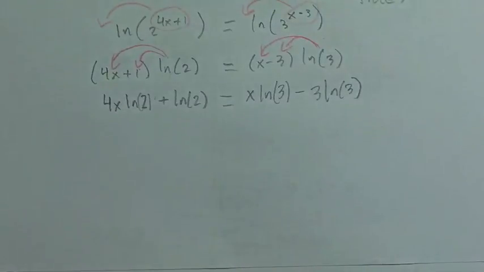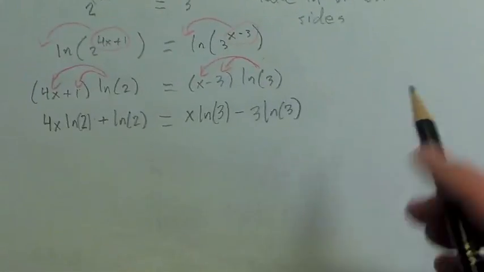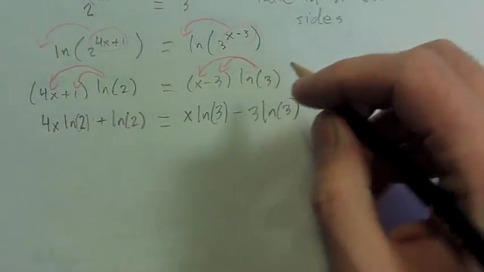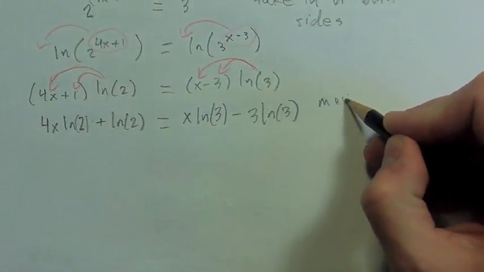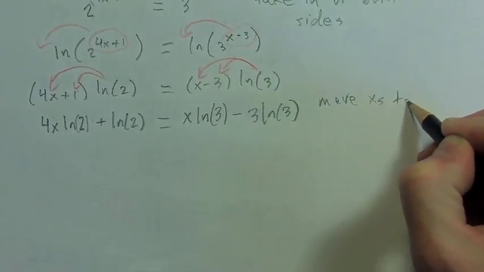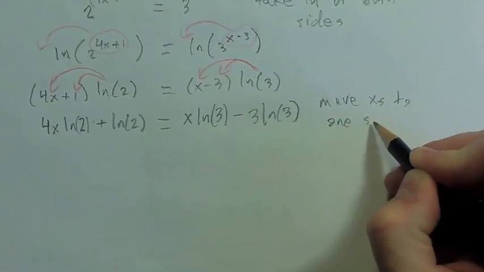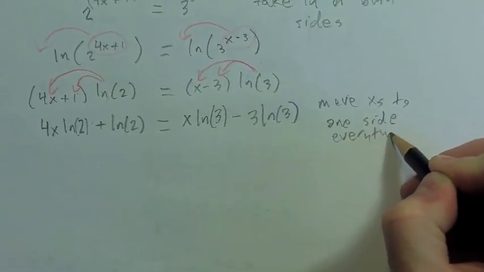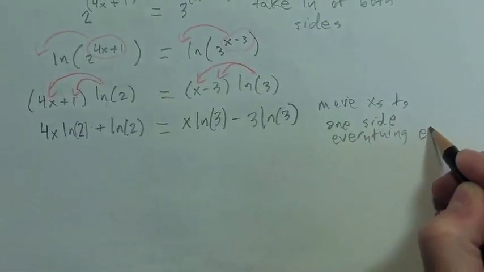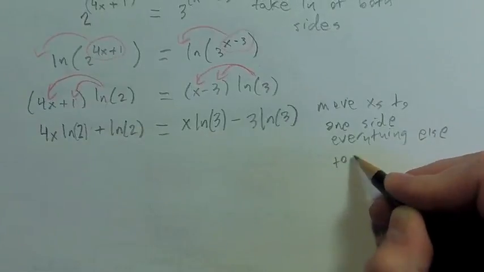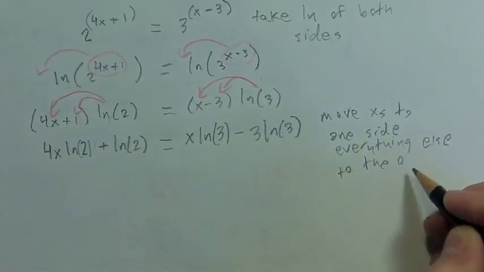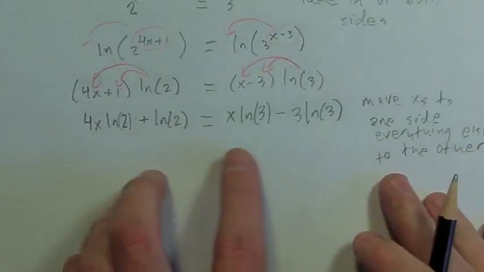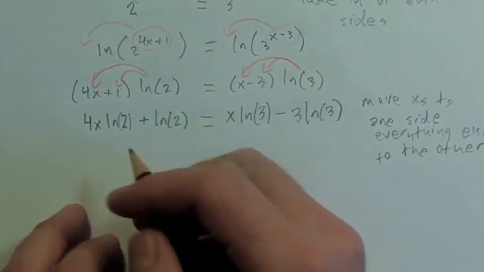All right, now I'll move all my x's to one side, everything else to the other. So I'll move this x ln 3 over to this side.